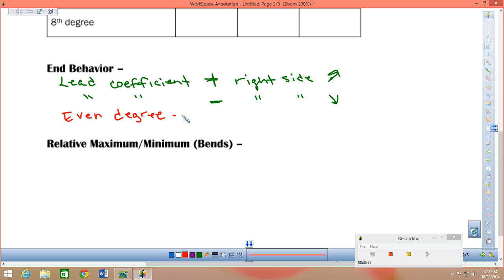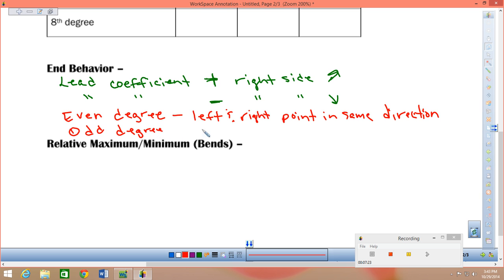So if it's an even degree, left and right point in the same direction. On the other hand, if it's an odd degree polynomial, then I know that the left and the right are going to point in opposite directions. Okay, we'll look at some of these in a minute. Odd, opposite.